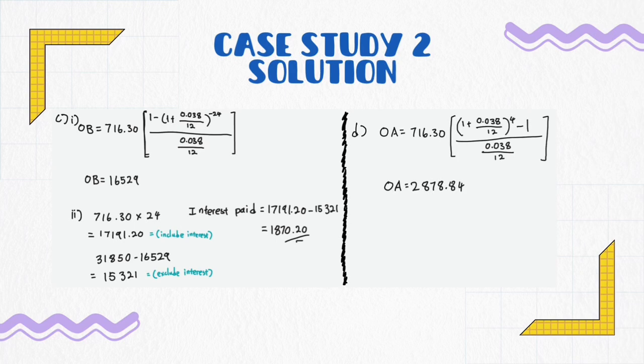Now substitute the numbers given before, but replace the power of n with 4 because she missed her first 3 months and wants to pay at the 4th month. The answer will be RM 2,878 ringgit 84 cents.